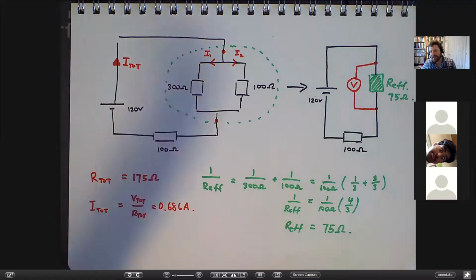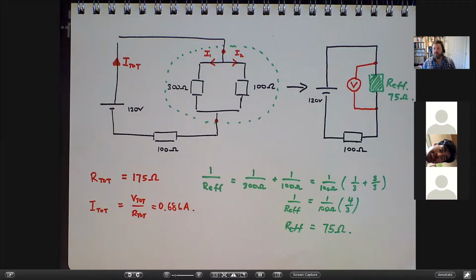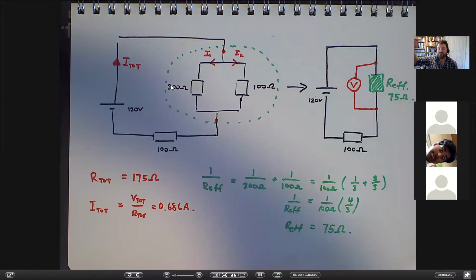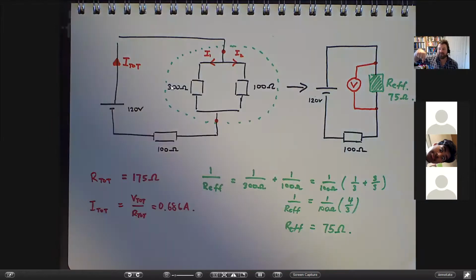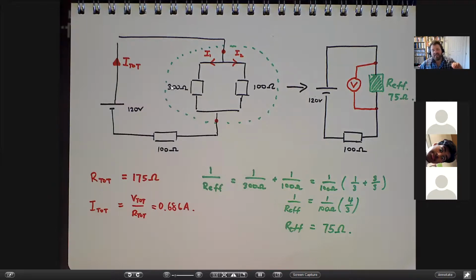But it's reversed from what you imagine. So this one has 3 times as much resistance, so it has 3 times less current. Yeah, it is going to be that.